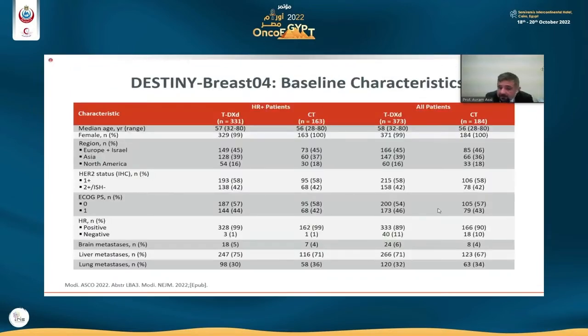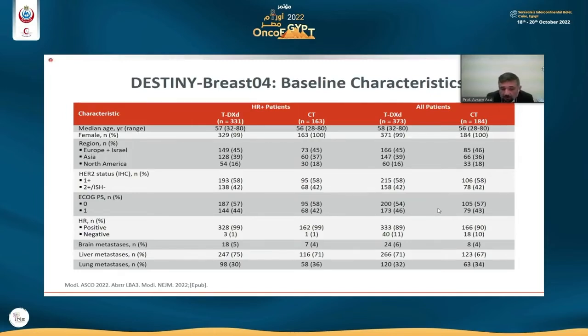The trial involved patients with a median age of 57 years, ranging from 28 to 81 years of age, and of the 557 patients, 24% were age 65 or older.